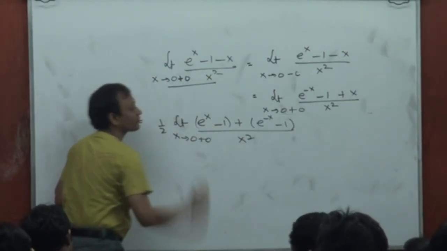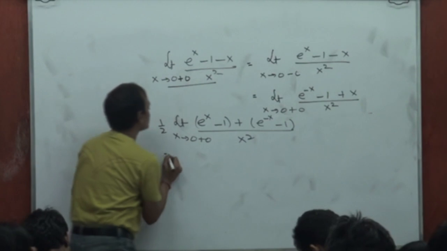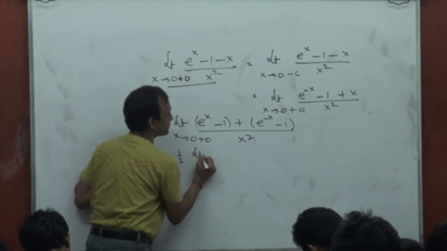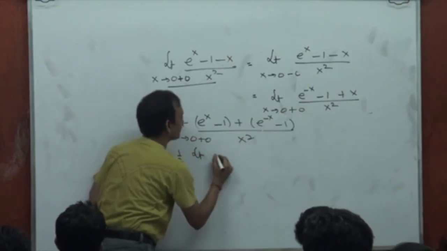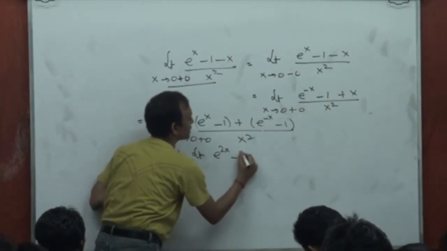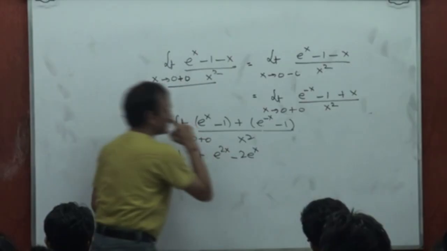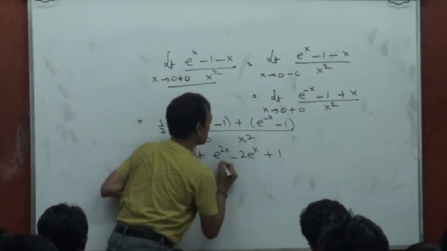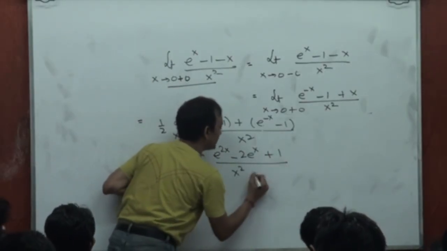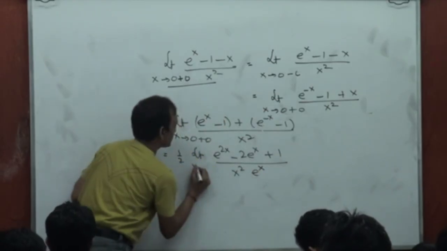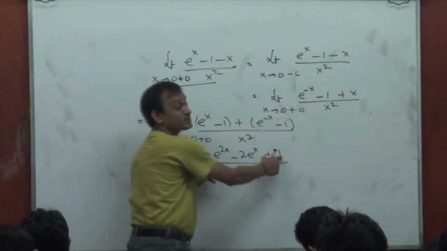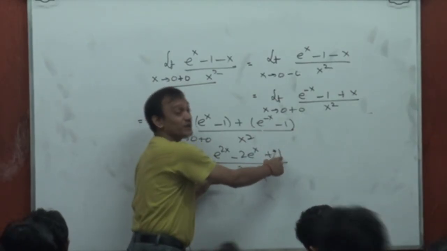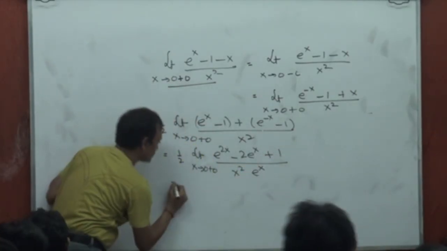This I can write as half of the limit, writing e power minus x as 1 by e power x, so we have (e power 2x minus 2 e power x plus 1) by (x squared e power x), x tends to 0 from the greater than 0 side. This is (e power x minus 1) whole square. Yes or no?